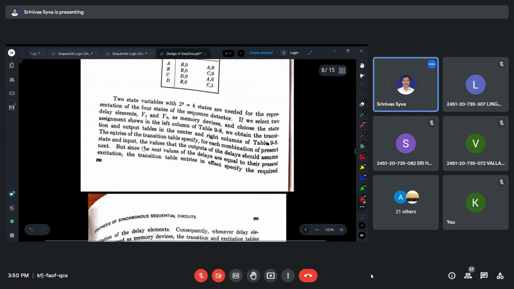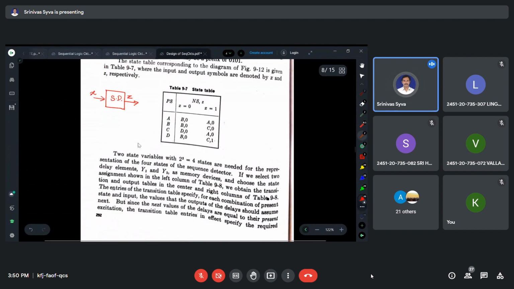You know that a flip-flop can store 1 bit of information, either 0 or 1. So how many elements can 2 flip-flops represent? 2 flip-flops can be used to represent 4 states, since 2 to the power of 2 is equal to 4 states.